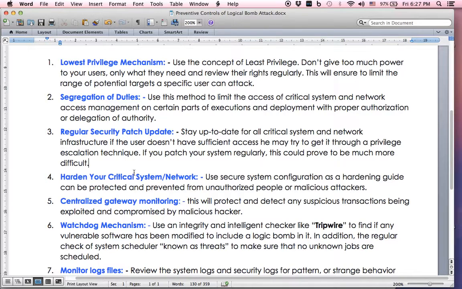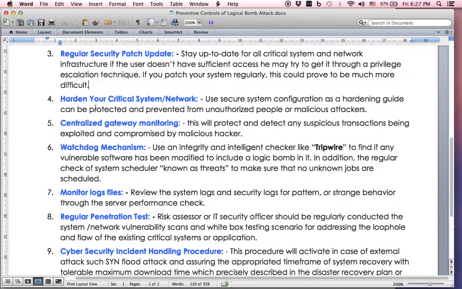And the next is security hardening of both network and system. Security hardening is very important before we go live to the production system. IT security or IT assurance must ensure all security is hardened for the critical functions or modules on the operating system or the system that we deploy to production.